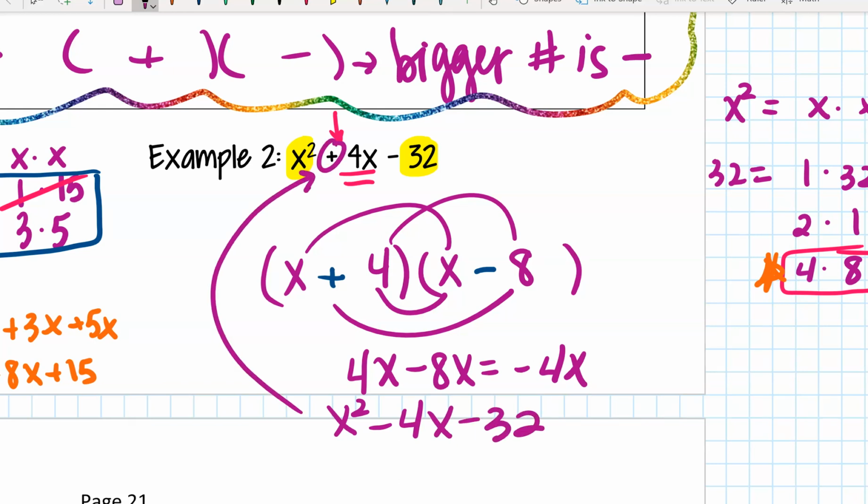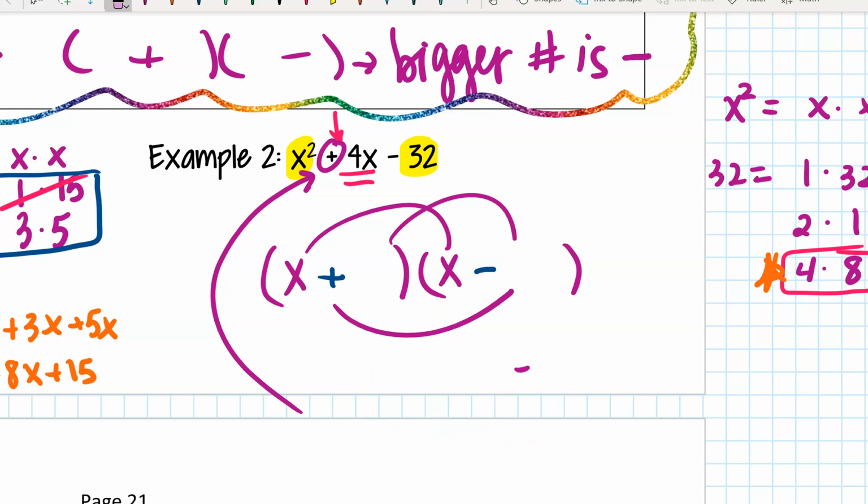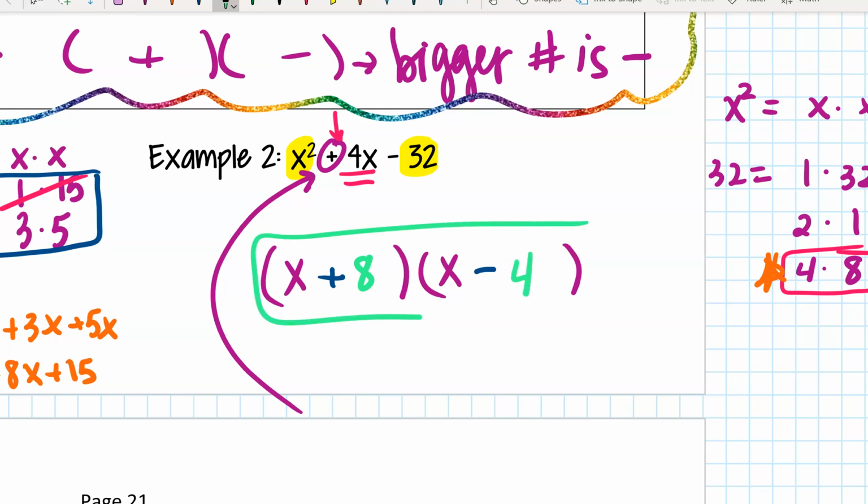That's not what I want, because that has to be positive in the original problem. Okay, so make sure you understand the order matters here. So make sure you're choosing the right numbers for our problem. And in this case, the numbers need to be positive 8 and negative 4.